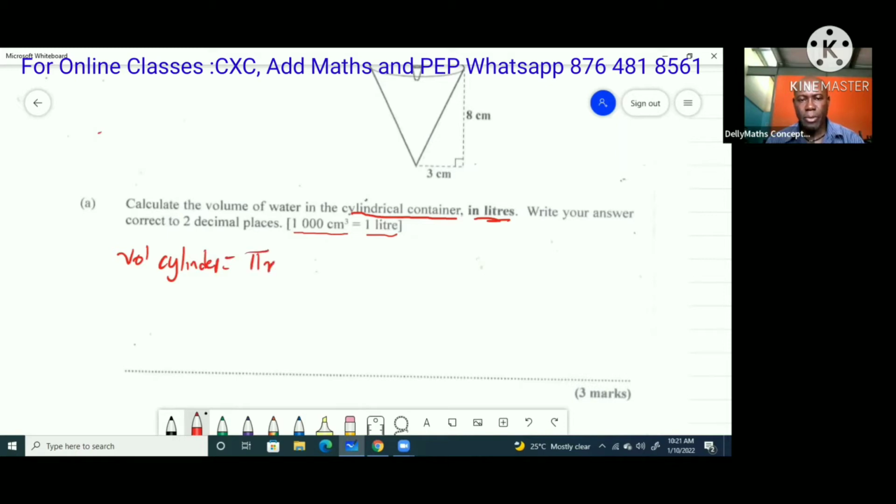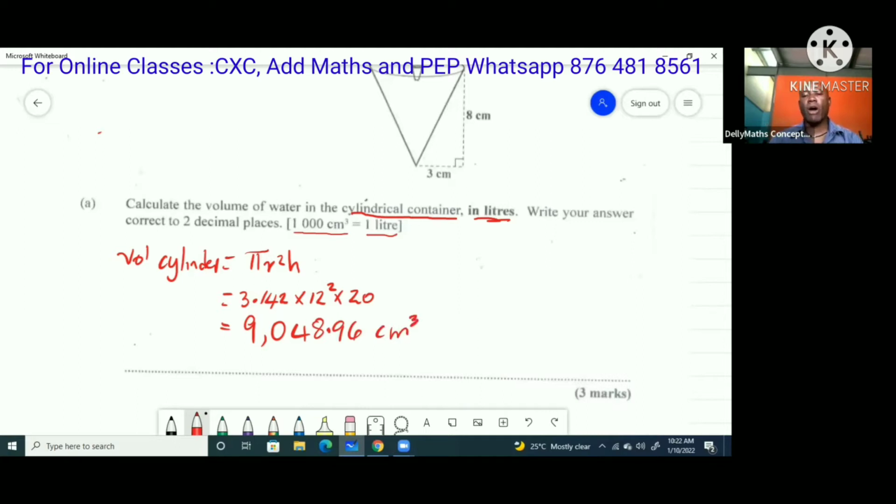pi r squared h. Let's say we're using pi as 3.142, so pi times 12 squared times the height of 20. As long as we put that together, we'll get the volume, a value of 9,048.96 cm cubed.